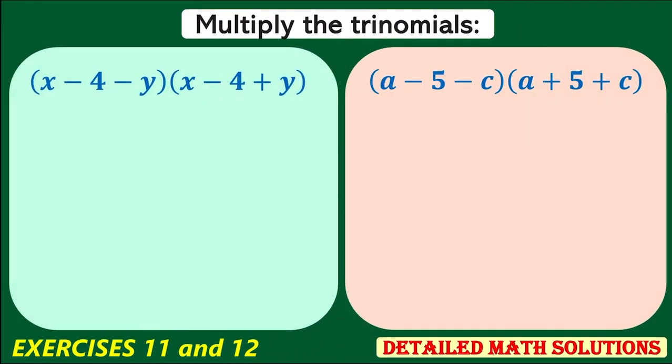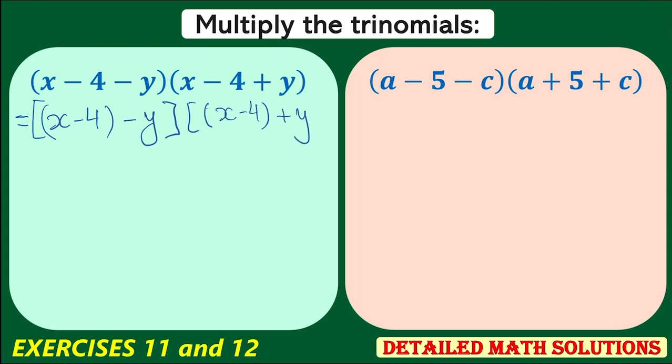Next, I'm going to multiply the trinomials x minus 4 minus y in parentheses and x minus 4 plus y in parentheses. I can write this expression as x minus 4 in parentheses minus y in square brackets multiplied by x minus 4 in parentheses plus y in square brackets. When I apply the formulas, I have x minus 4 in parentheses squared minus y squared.